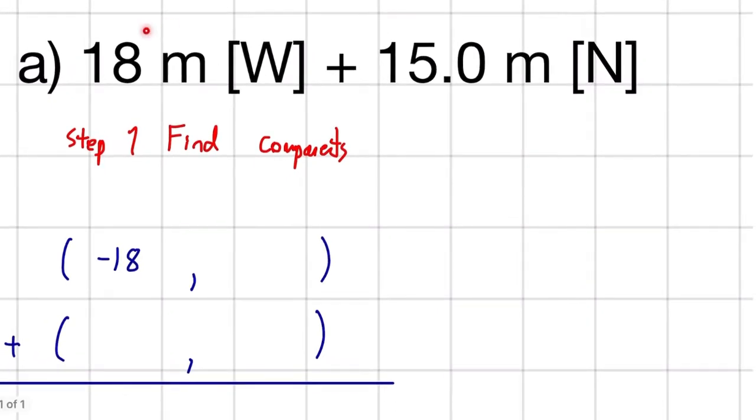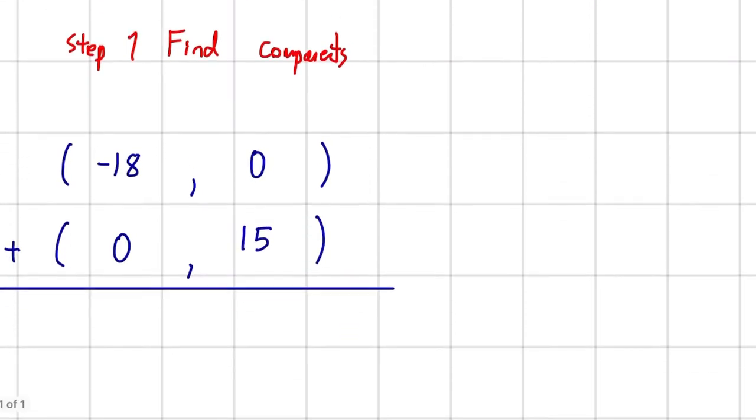And then in this vector, what distance do we travel in the north-south direction? Well, it's 0. All right, and then our second vector, 15 meters north. Well, in the direction of east-west, it's going to be 0. And north, we're going to have 15 and positive because it's north.